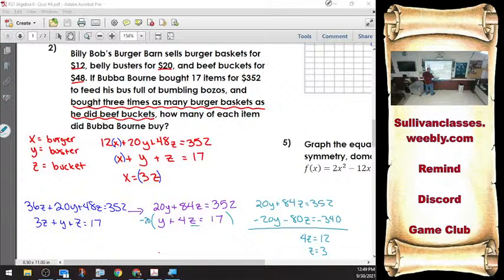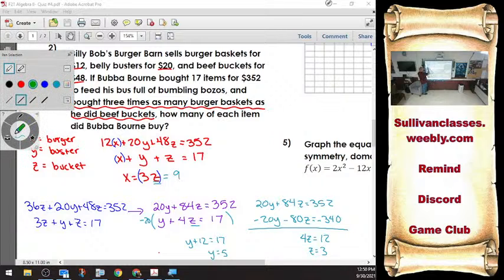Come all the way back here, jam in 3. Get y plus 12 is 17, y is 5. And there's a nice part. Come back here and say x is just 3 by 3. Make sure that you answer the question at the end.